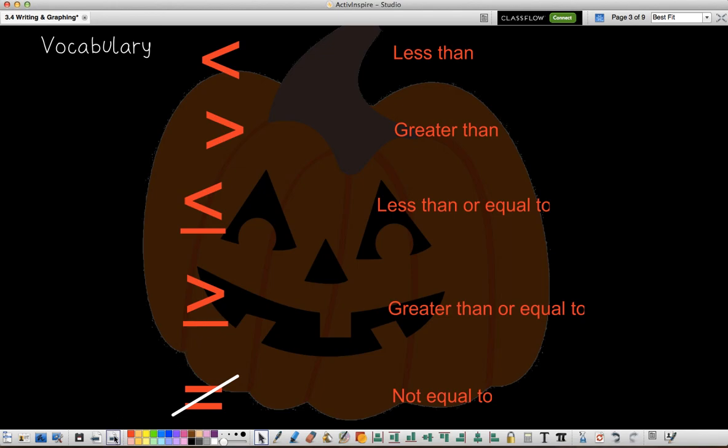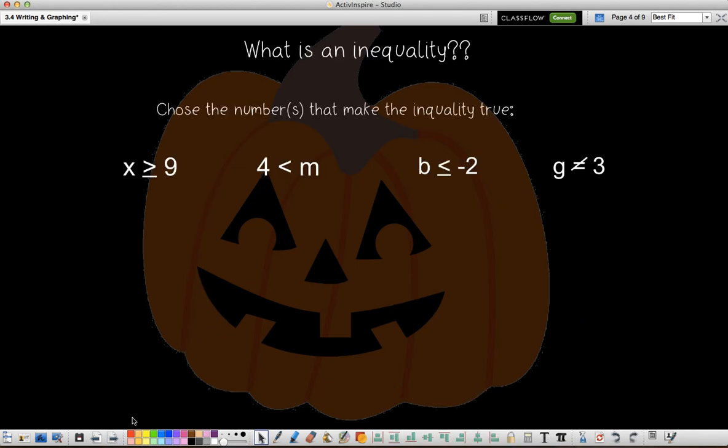Right, so let's find some inequalities to work with here and look at those solutions. So here I have x is greater than or equal to 9. So we have to think of solutions for x. Well, if I put in 8, is 8 greater than or equal to 9? Since the answer is no, 8 is not a solution to this inequality. 9, is that greater than or equal to 9?